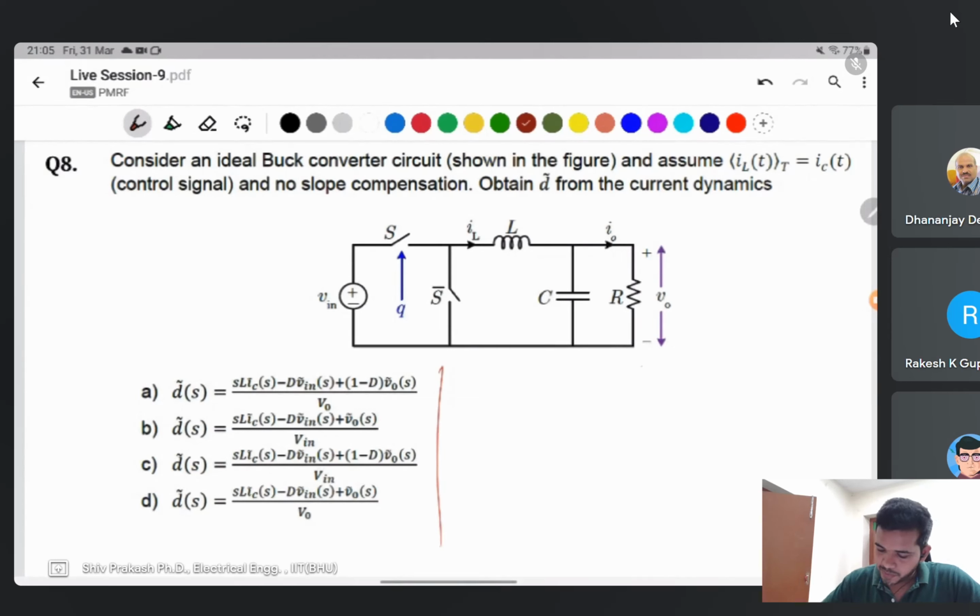To analyze the system, first find the Q on time. What is the inductor voltage? We have only two energy storing devices, L and C. If you have two energy storing elements, then you have a second order system.